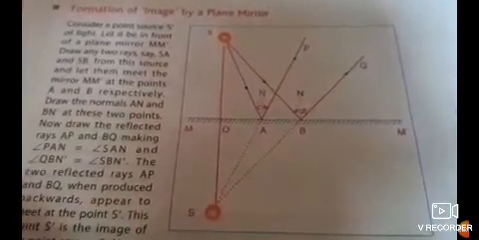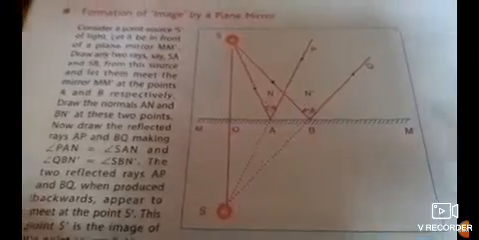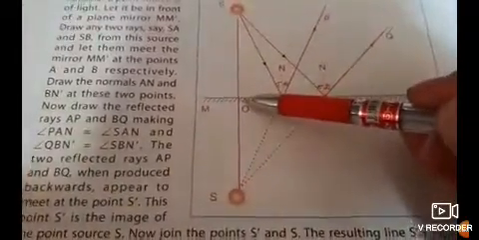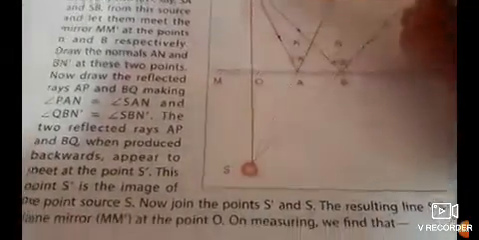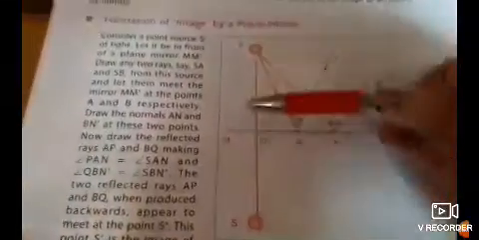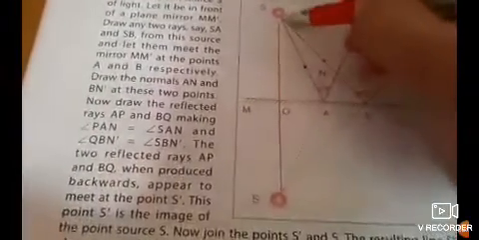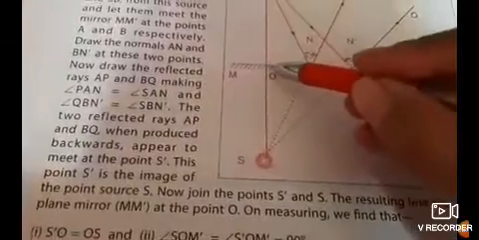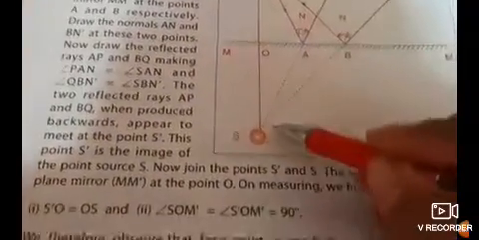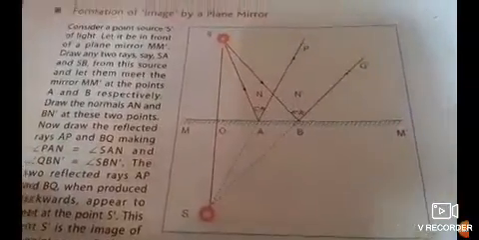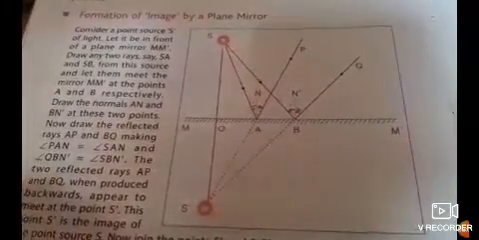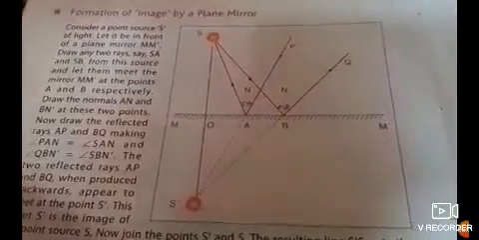Equi means equal, distant, same distance, equal distance. From whom? Equal distance from the mirror. Is it okay? So MS and MS dash, that is, from the mirror to the object, the distance is equal to the distance between the mirror and the image. Okay, so it proves the laws also. It also proves the particular activity that we did in the morning.